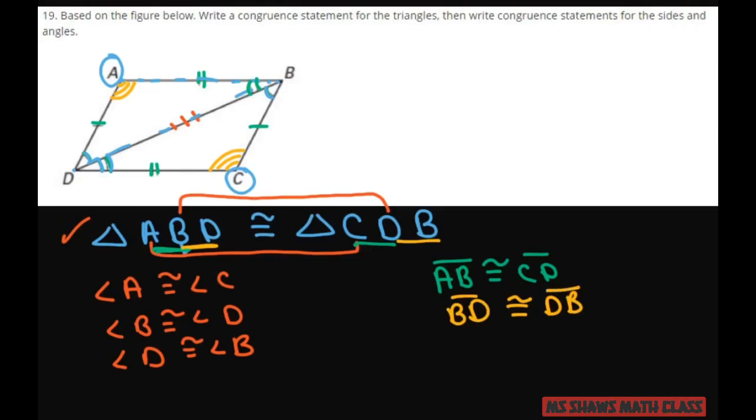That side, that's your reflexive property. And then finally, we want to do AD, or we'll just say DA. DA is congruent to BC. Now, I just looked at the statement here, but you could also have looked at the 2 triangles.